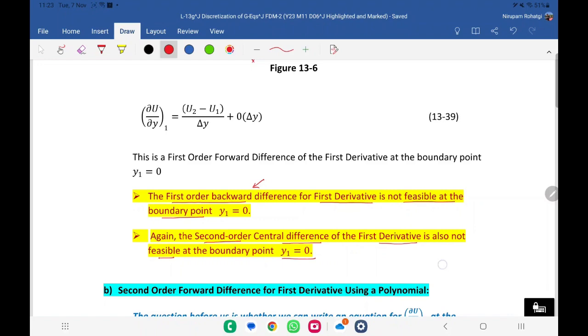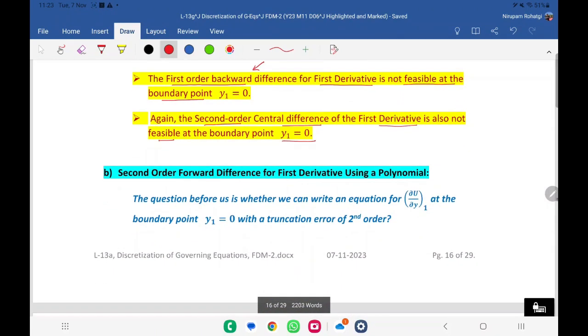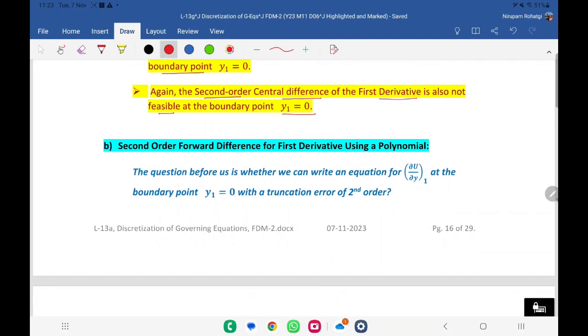Now fortunately there is an option available to us that we can have second order forward difference for the first derivative using a polynomial. We can write an equation using 2 forward points, whose truncation error will be of order 2.